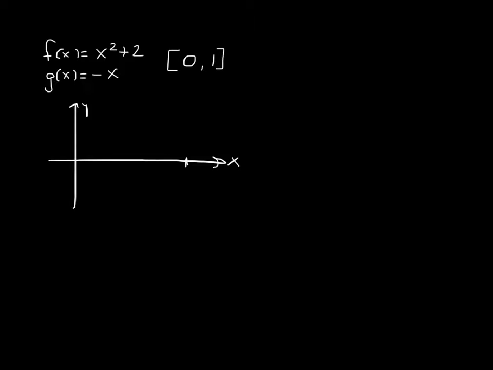we start with f of x. F of 0 will be equal to 2. And then f of 1 is equal to 3.